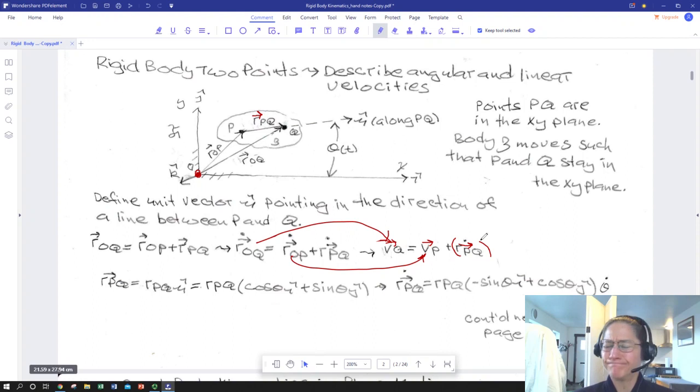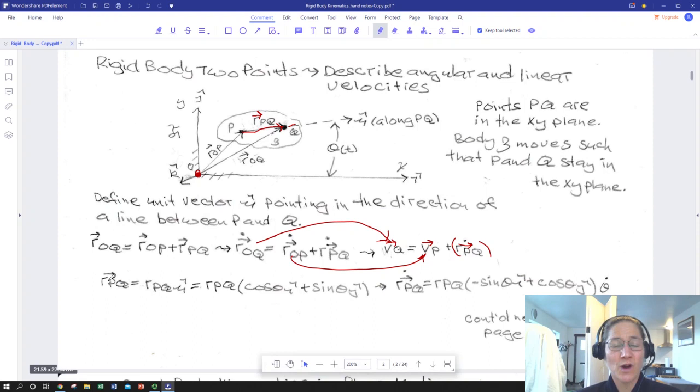Okay, so how do we express the time rate of change of this vector in a way that gives us something we care about? What we'd really like to know is how fast it's moving in some direction, translating, versus how fast something's happening with this theta angle. Well, if I want to relate theta to I and j, let's use some trig. It's pretty easy.